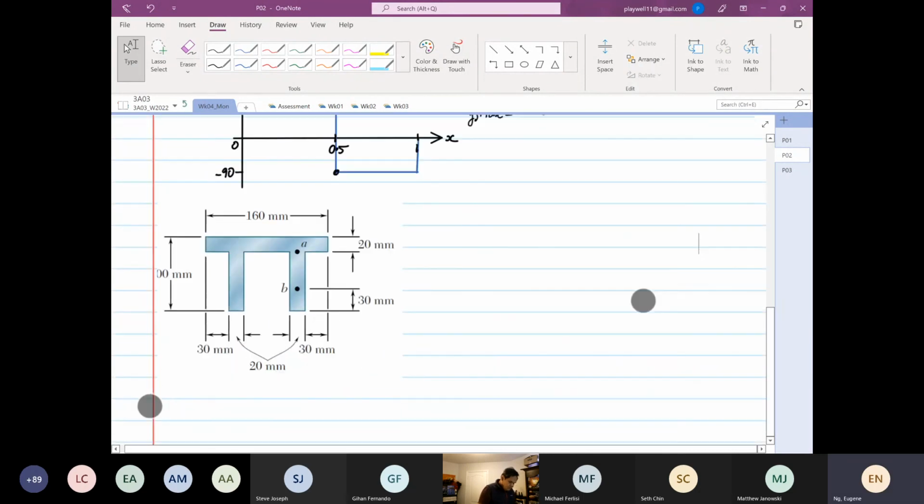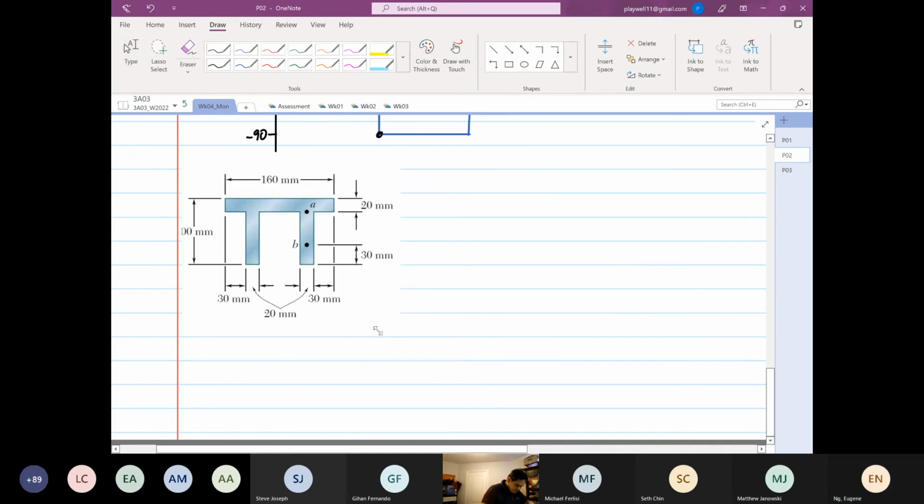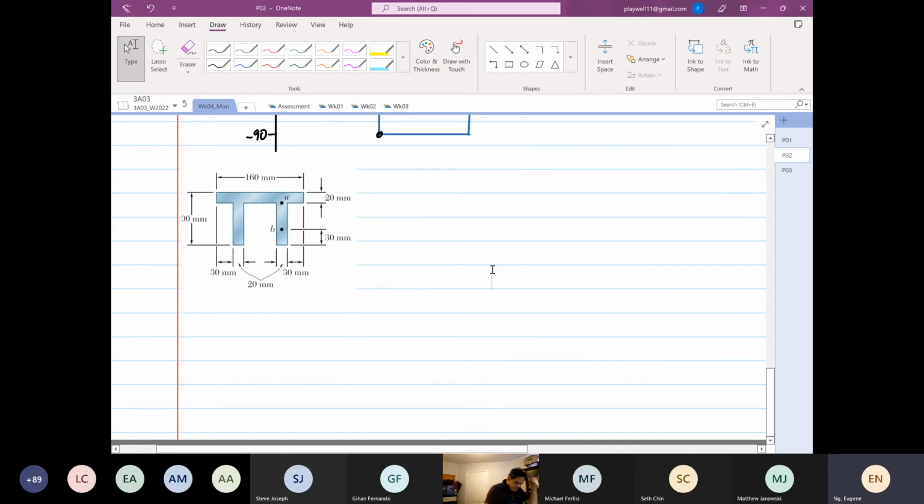We are going to find the shearing stress at point A.